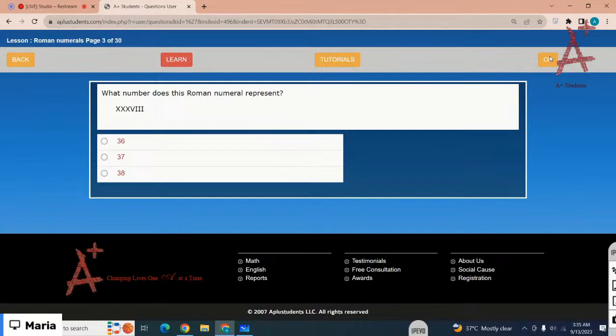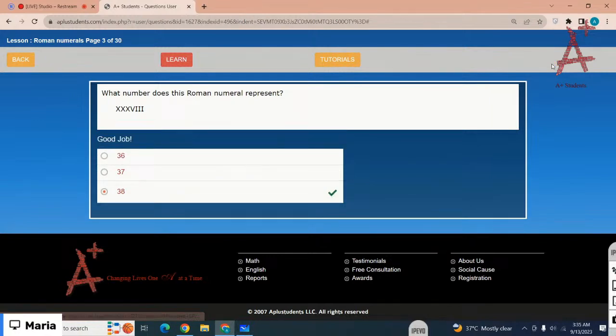That is 10, 10, and 10 make 30. Then you have 5 and 3, 8. So it makes 38. The correct option is 38.